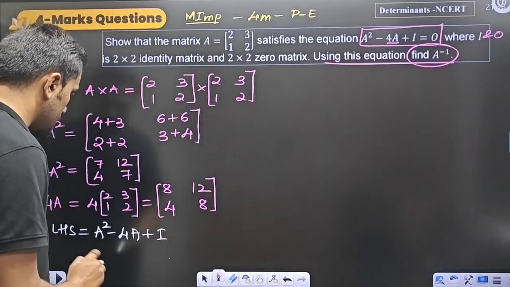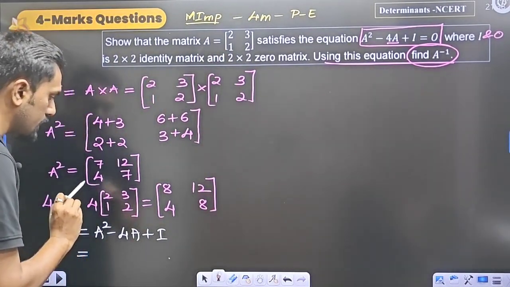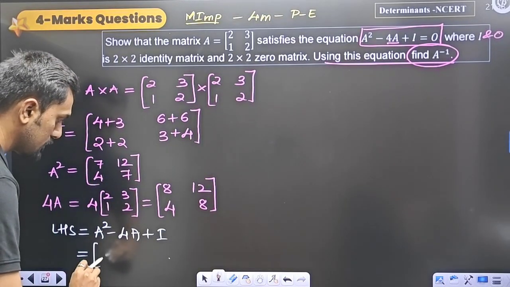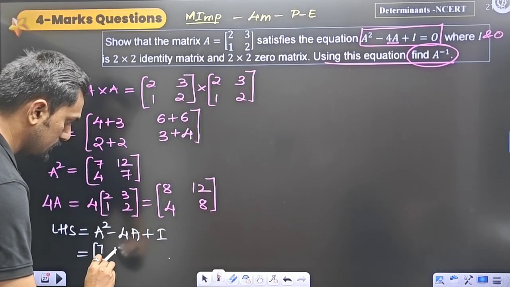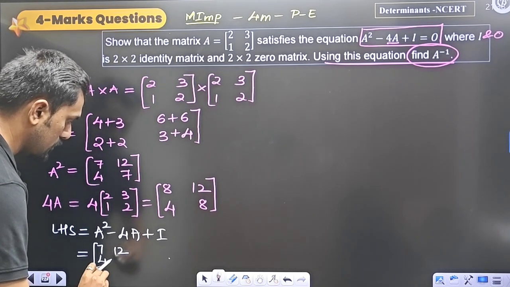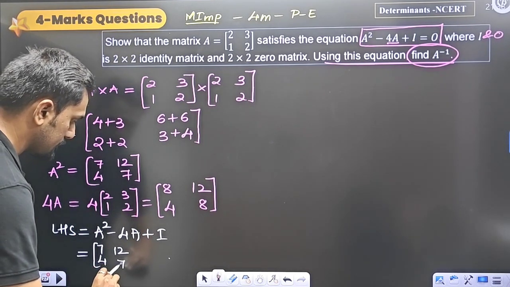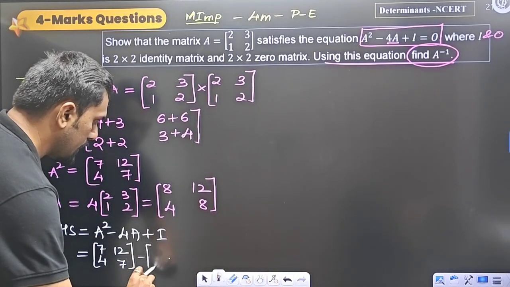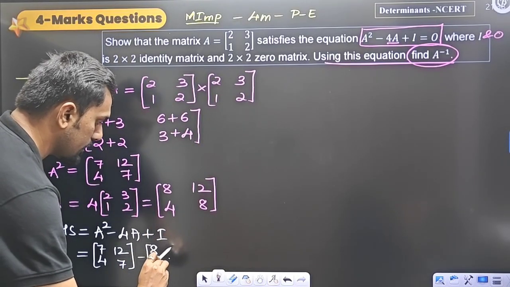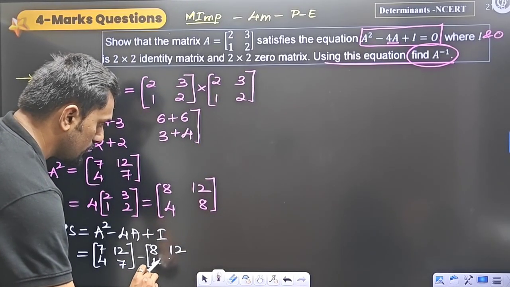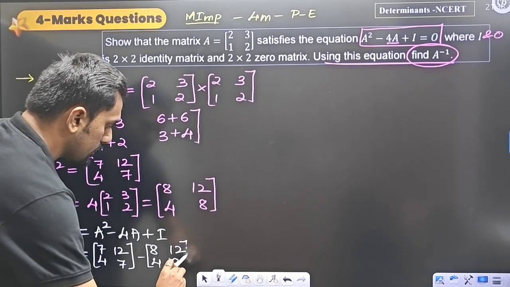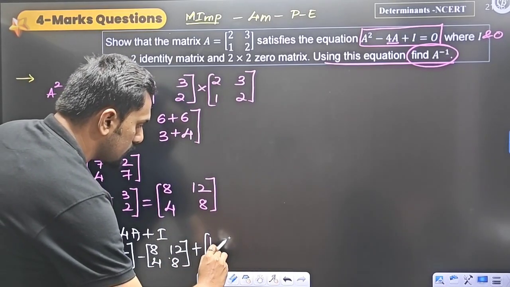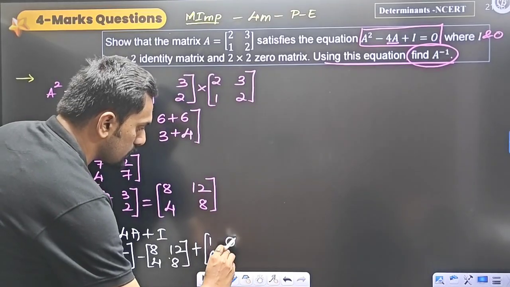Okay, what is A square? 7, 12, 4, 7. What is 4A? 8, 12, 4, 8. Then what is the value of I? Identity matrix 1, 0, 0, 1.